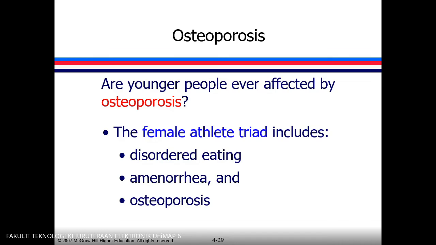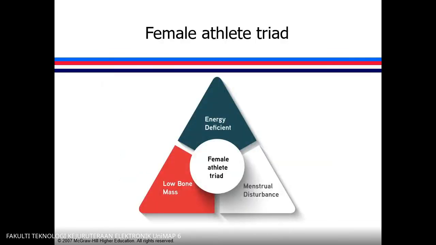So, the cycle of the period of a woman doesn't come. Dia tak ada. So, that is the term, amenorrhea. So, if we make the triangle, female athlete triad is the energy deficiency, menstrual disturbance, so kitaran haid pun tak sama, and then it will also affect the bone mass.